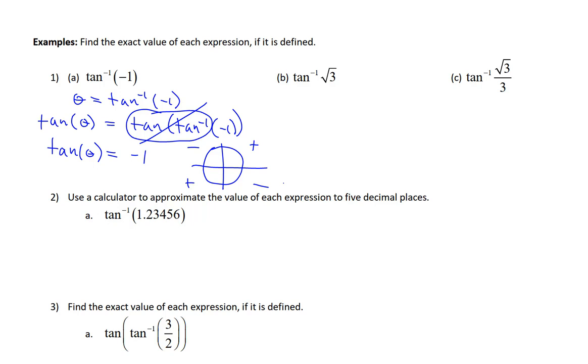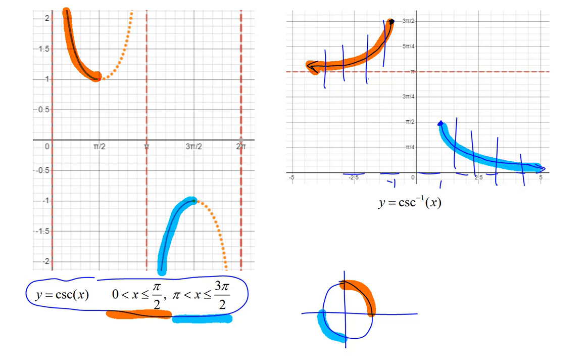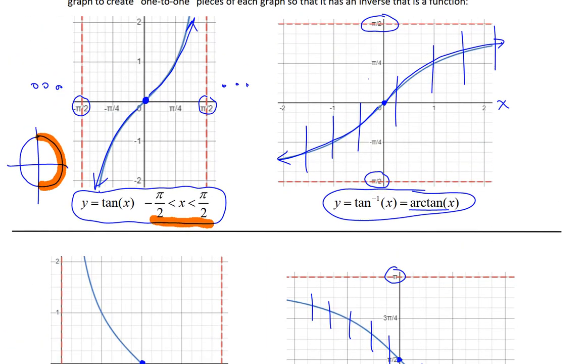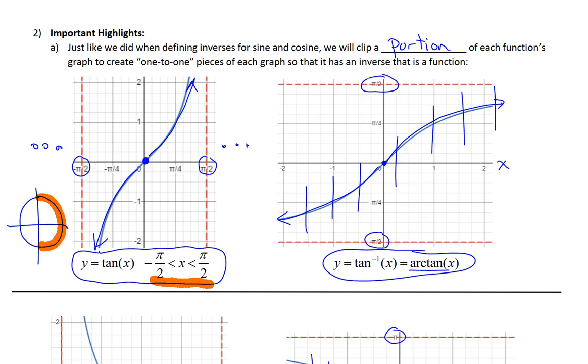So the trick now is that we have to recall where tangent inverse is defined according to where it's cut in our definition above. So let's actually go back up to where we started with tangent inverse way above. We were looking at its graph, near the start of this topic's notes.